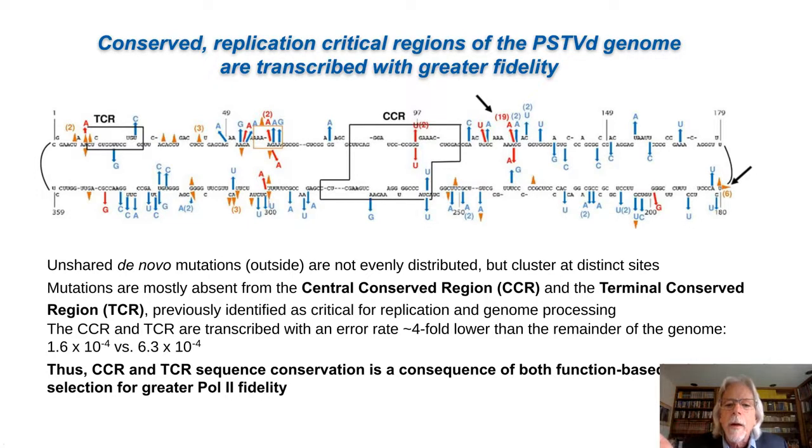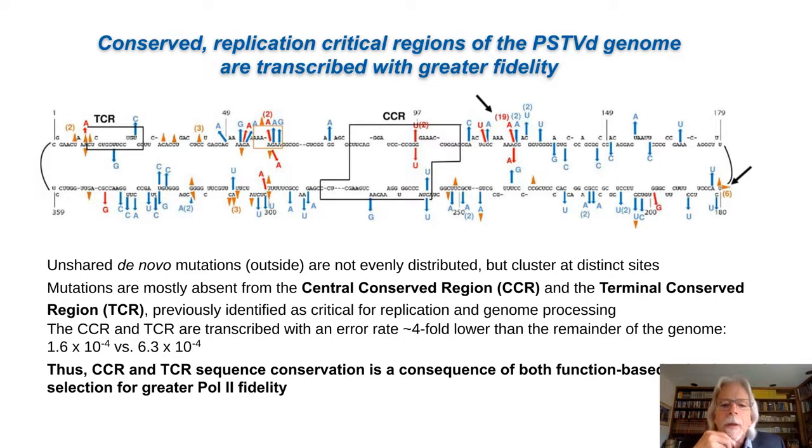So the blue arrows are base substitutions, the red arrows indicate insertion events, and the brown triangles indicate deletions. Now, the arrows indicate the most common de novo mutations we found. A123, 124, we actually found 19 times, and delta 180U, we actually found 6 times.